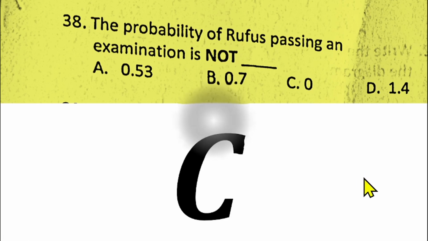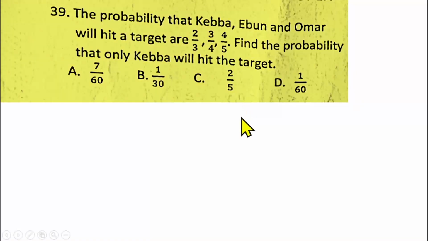So question number 39 also is from probability. The probabilities that Keba, Ebun, and Homer will hit a target are 2/3, 3/4, 4/5. Find the probability that only Keba will hit the target. It's very simple as well. The first thing to do: if Keba hits the target with 2/3, we need to find the probability that Keba will not hit the target.